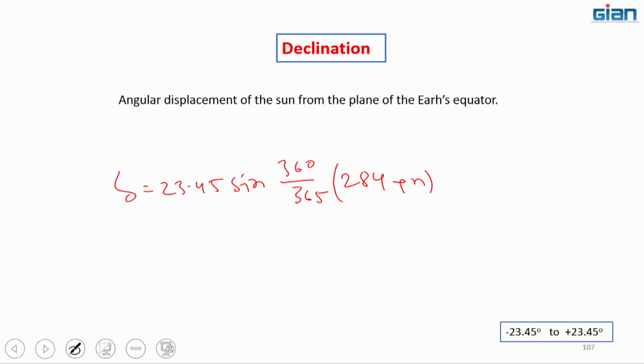For example, January 1 is n equal to 1, and February 1 is 31 plus 1, which is 32. That way you can count these n values and find out delta. So delta varies from plus 23.45 to minus 23.45. It is 0 on the equinox days, with the extremes in summer and winter, December and June.